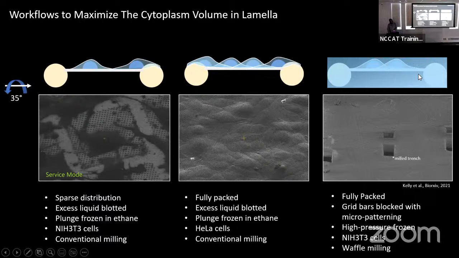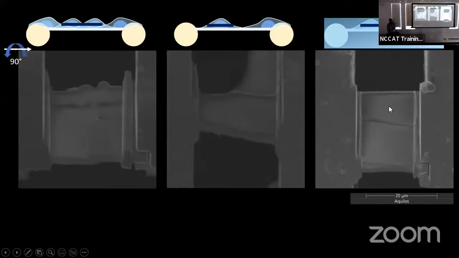Because the side that we usually do waffle on is 20 microns, and these cells can go up to 10 or 15 microns at most. So I would have this water layer in front of the lamella, which is the prime real estate of your lamella, because the front is always the thinnest, cleanest part of the lamella. So I put it on the plunge freezing side to avoid that. Does that make sense?